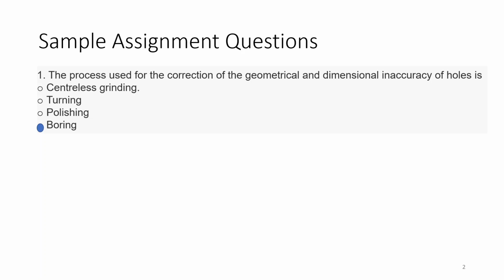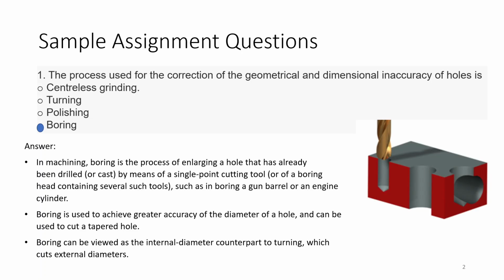Okay, so it was covered in earlier lectures as well. In machining, boring is the process of enlarging a hole that has already been drilled or cast. So using casting also you can prepare holes which are slightly lesser in dimensions so that you can get better precision and better tolerance.